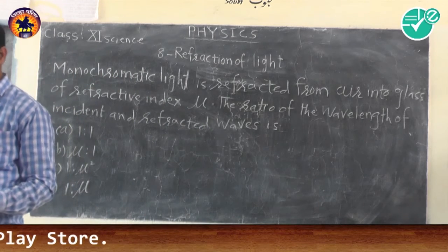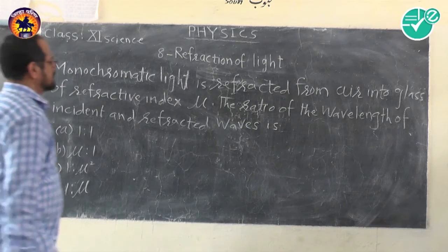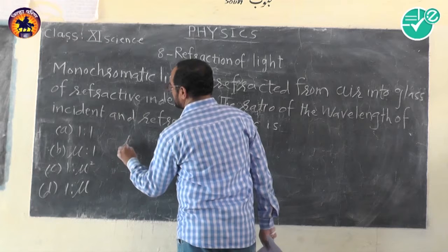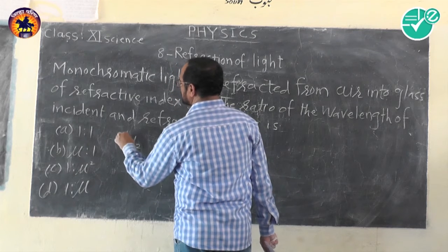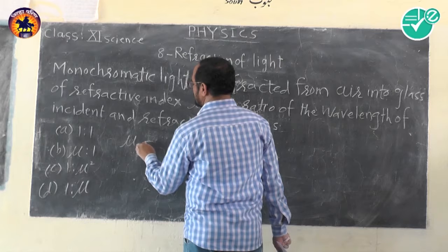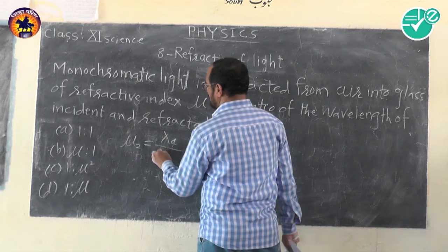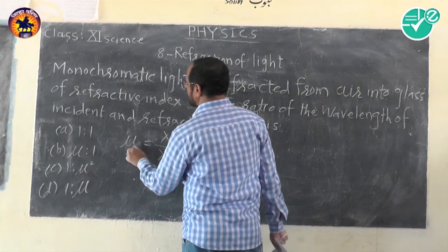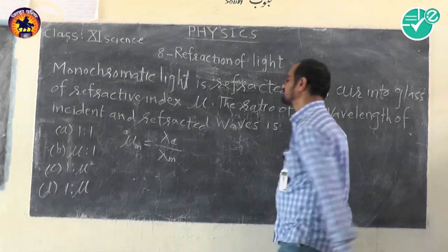In this question we know the formula of the refractive index in terms of wavelength: mu of the medium with respect to air equals lambda a upon lambda medium.